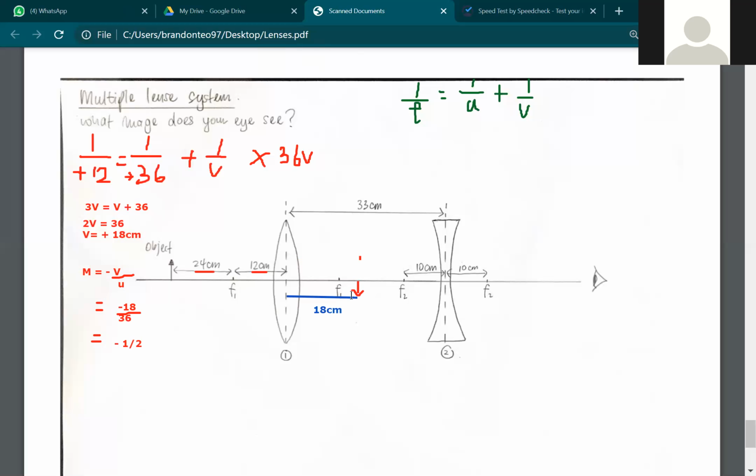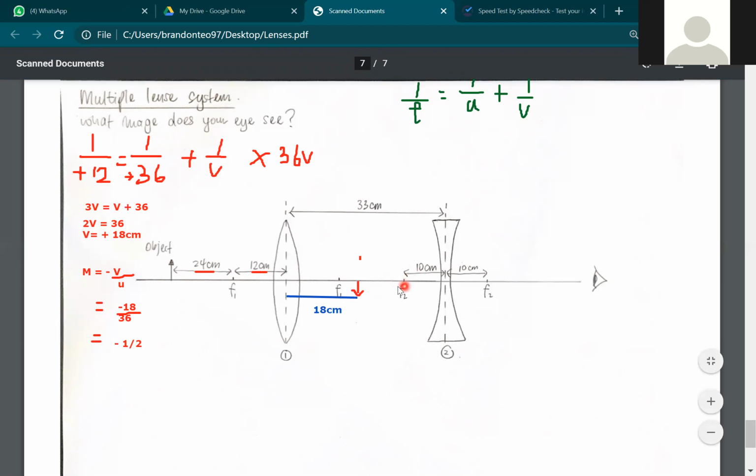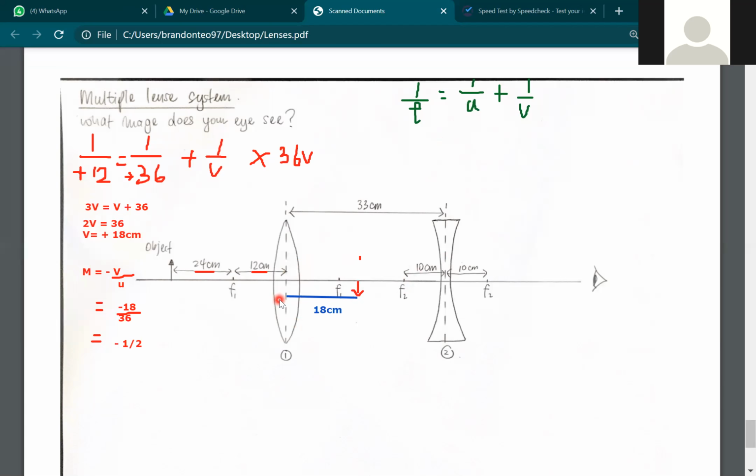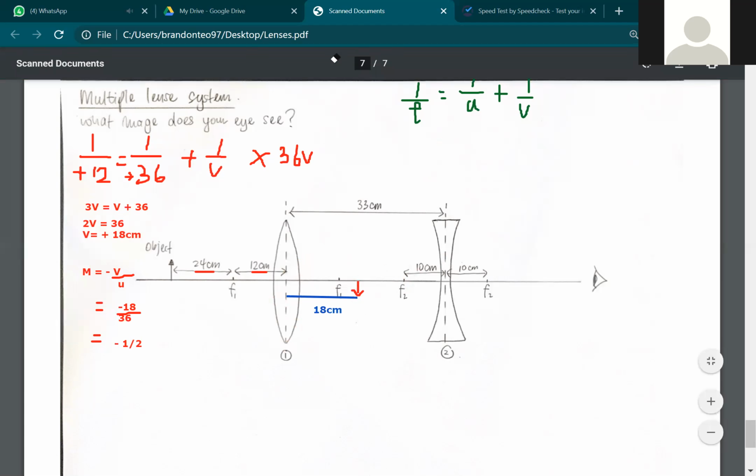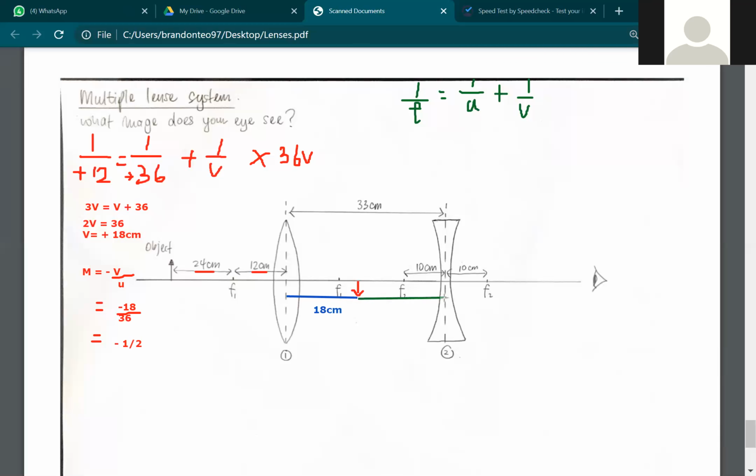现在我们知道那个 image 了，so 现在我们把这个 image 当做 object for the second lens. 现在这里你要小心，刚刚我有讲到 object distance 是永远 positive，对吗？Now 在某些情况下是有可能你会拿到 object distance 减，在什么情况下？如果比如说这一个情况下，它的 object distance 不是 18 哦，你要小心啊，18 是量到跟第一个 lens，所以 object distance 其实是从那个 image 去到第二个 lens，我的青色这个线。So it should be 33 minus 18, which is 15.